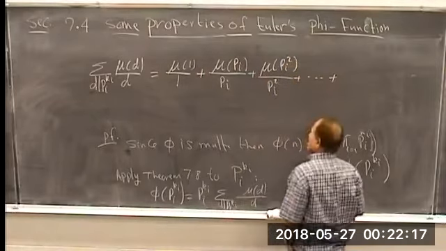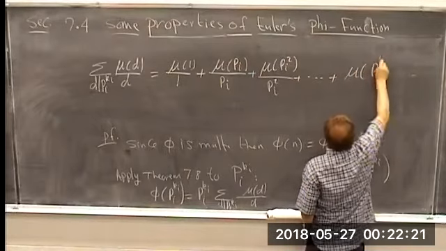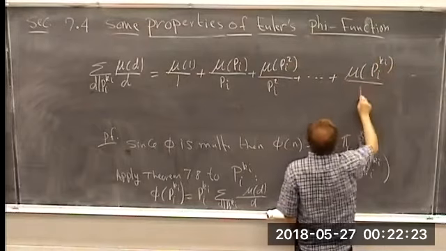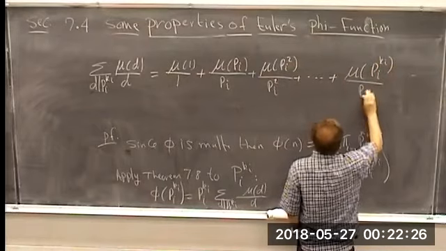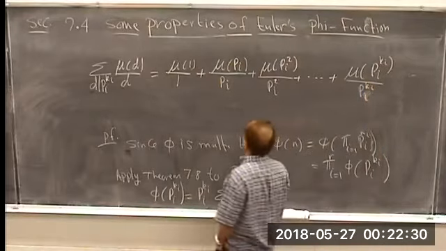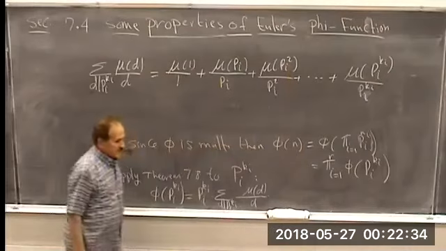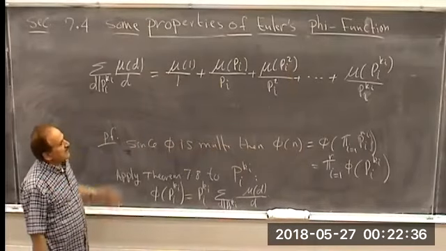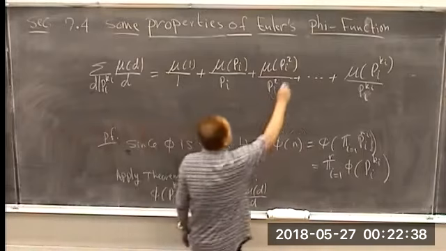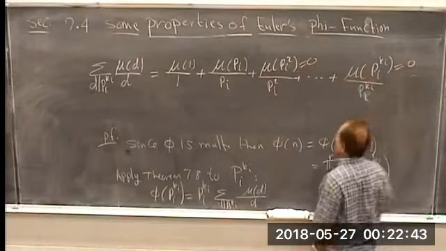The last term is going to be mu of p sub i to the k sub i over p sub i to the k sub i. Now we know that the mu of any number that has a square factor is going to be equal to 0. So all of those terms are equal to 0.